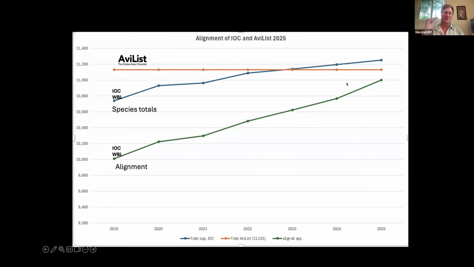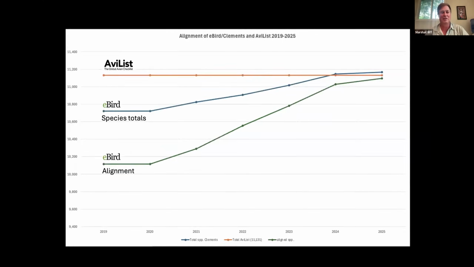That's not actually true. This is just the baseline that we hit in 2025 with the publication of this list. So that's the total that these lists have been aligning towards. And you can see IOC is very nicely converging on this AviList. As these two lines come together, it shows it's basically converging on AviList.